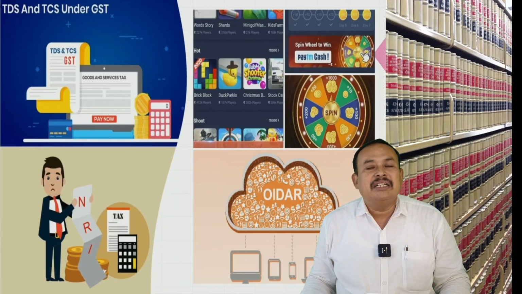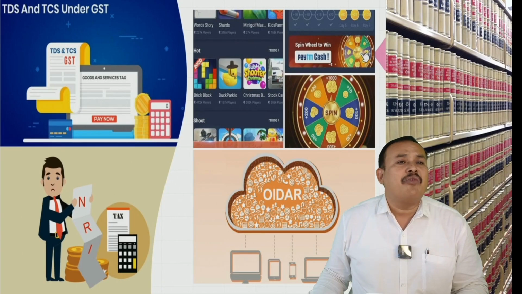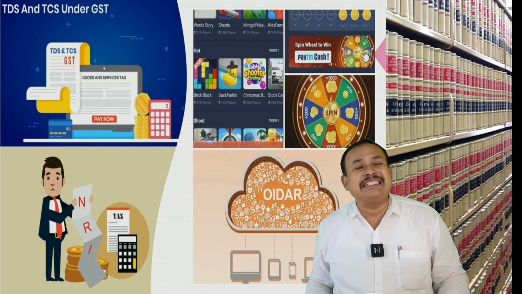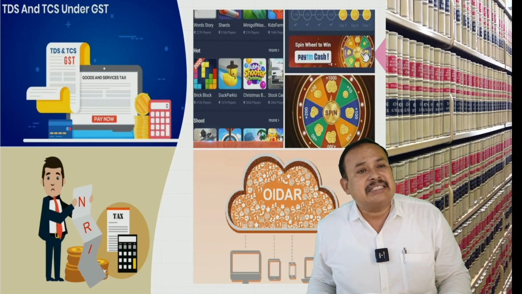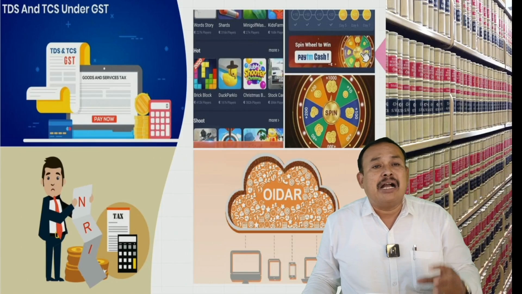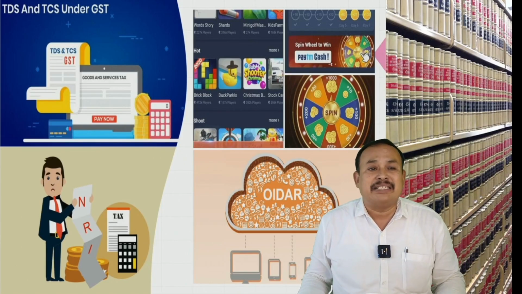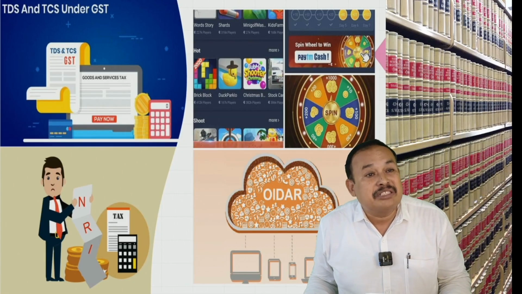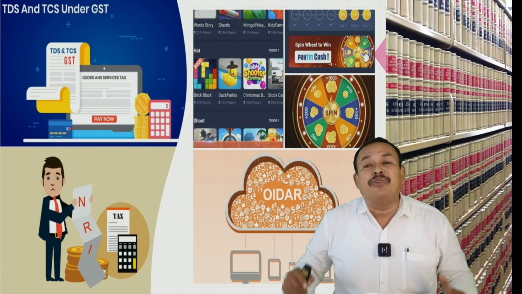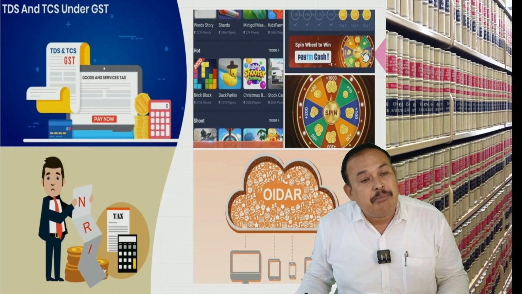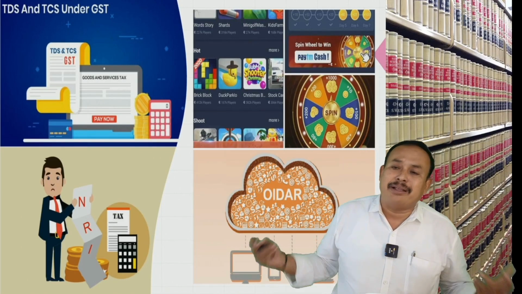The other one is a person going for registration for the want of TDS registration, or TCS registration. One more point, under section 24, compulsory registration: the e-commerce operator should be liable for TCS, tax collected at source. For them also registration is mandatory.